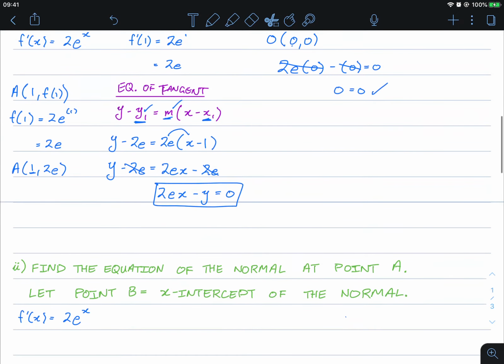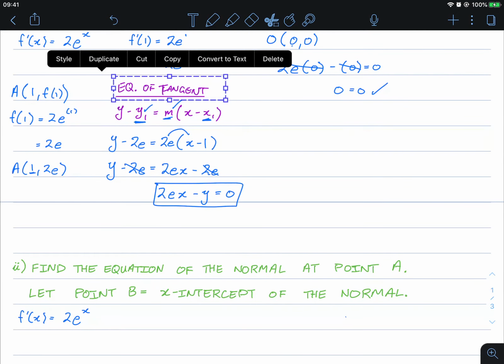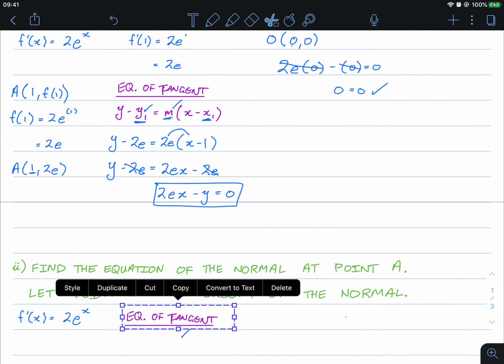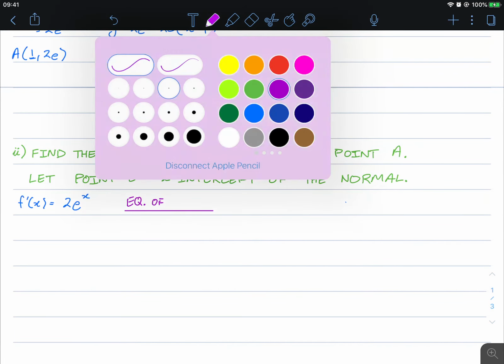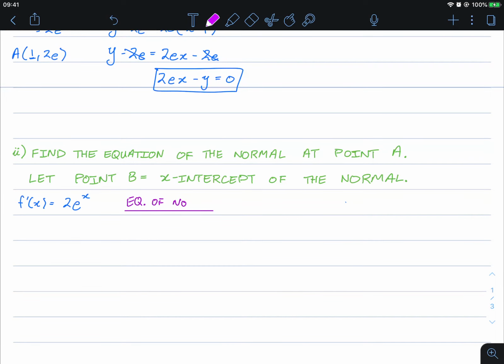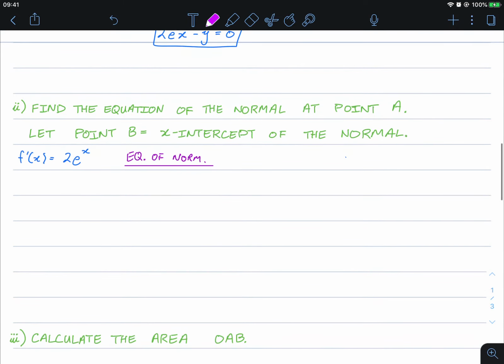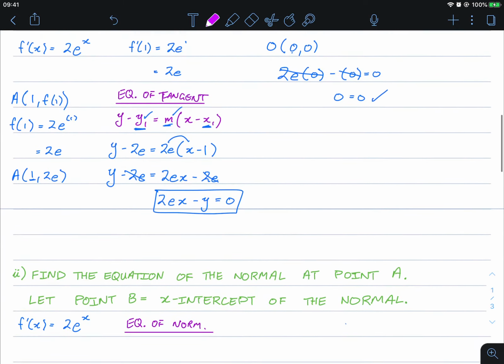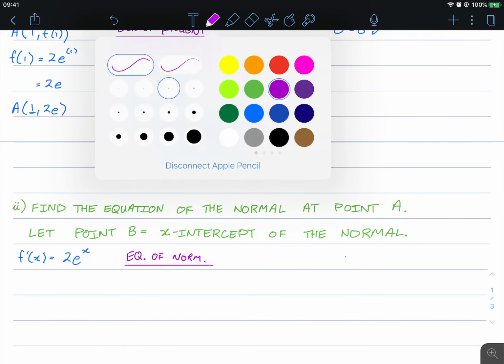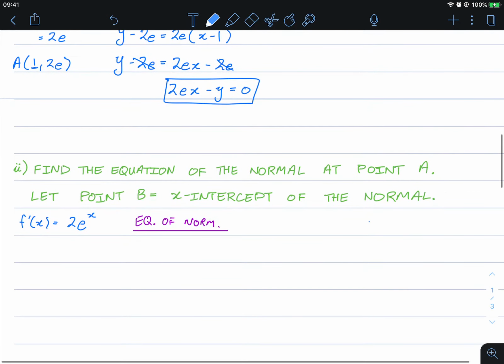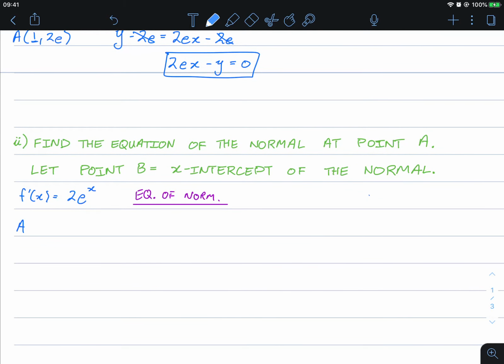And to find the equation of the tangent, this time I'm going to make it the normal. Again, we need the exact same points. y minus y1 equals m bracket x minus x1. We already have our points. Our point A is 1, 2e.